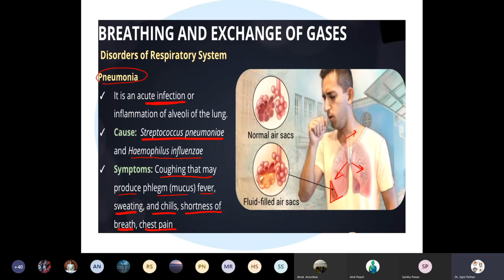Whereas in pneumonia, the lower respiratory tract, where your lung is getting infected, it's a very important disorder. This needs to be taken care of. A vaccine is available. Pneumococcal vaccine is available for pneumonia.